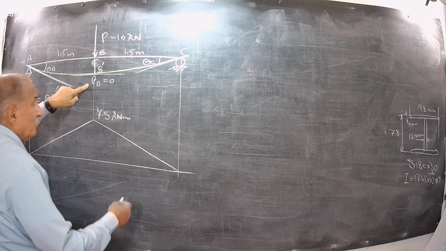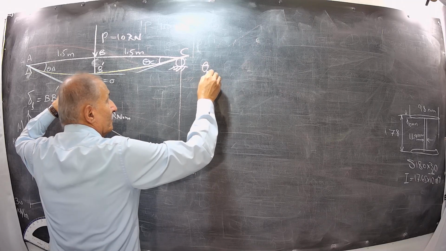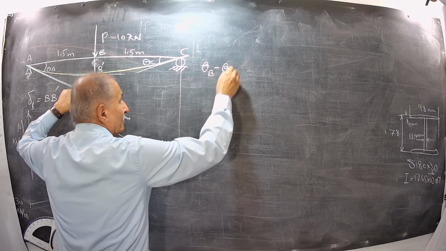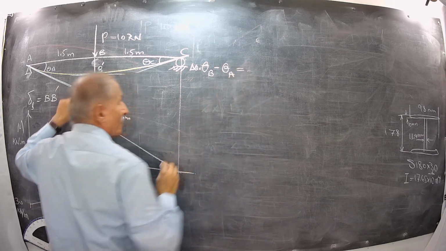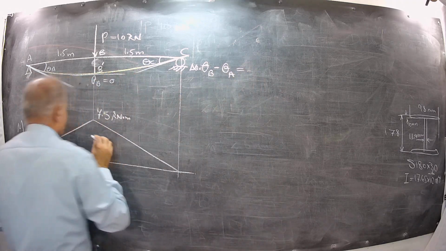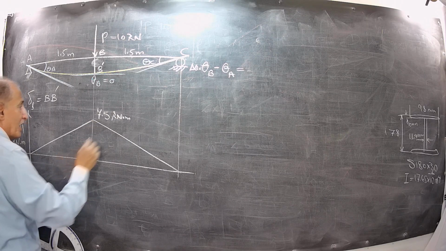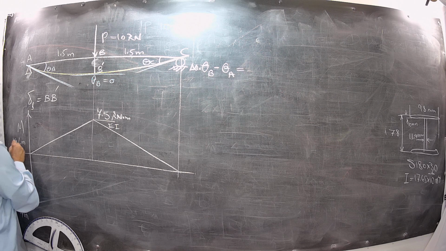Theta A and theta B is equal to the area in the bending moment diagram. The first difference is only that you must divide M by EI.